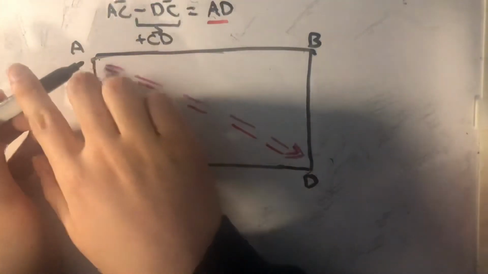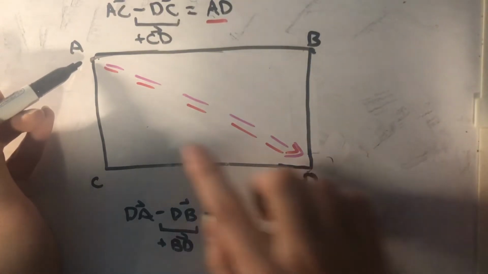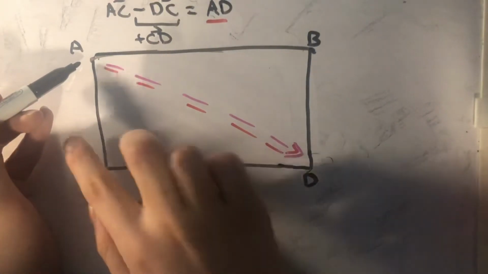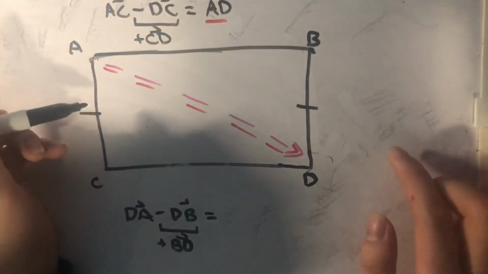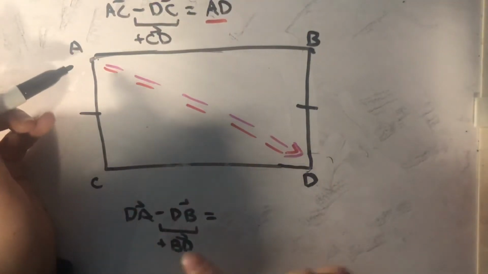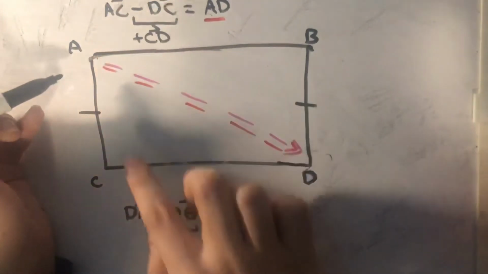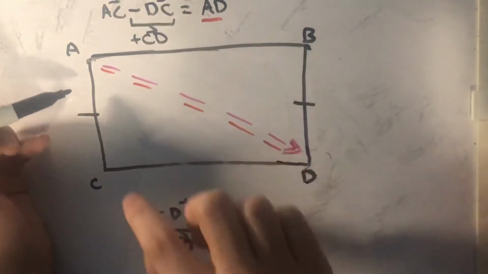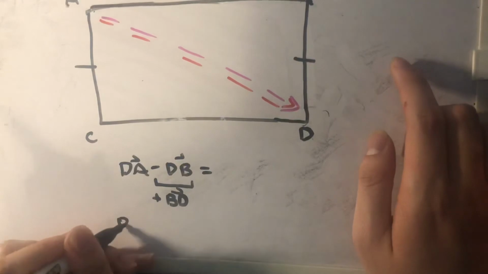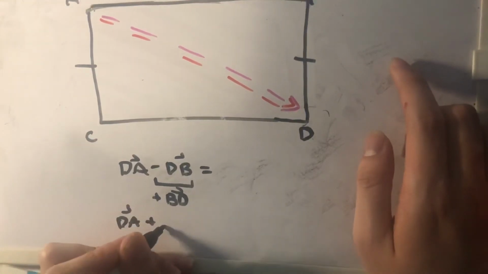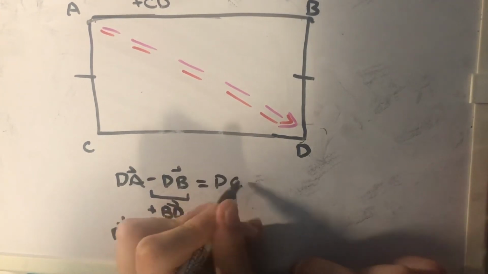We're not at point B right now, but if we're assuming that this is a rectangle where these lines are parallel, which I didn't do a very good job conveying, then we can say that BD is the same as AC because they're parallel and they're equal in magnitude. So we could rewrite this as DA plus AC, and then that's going to equal DC.